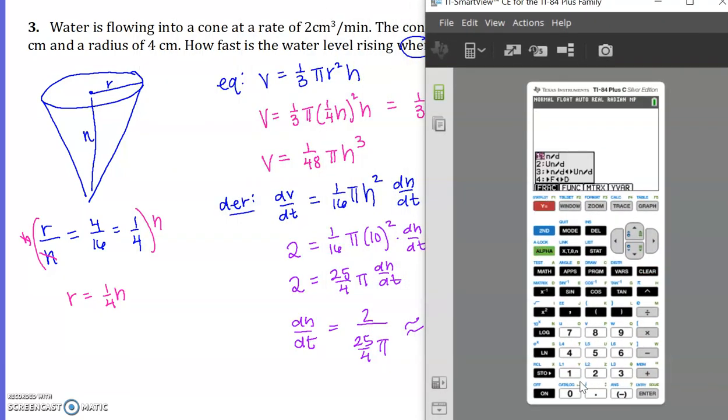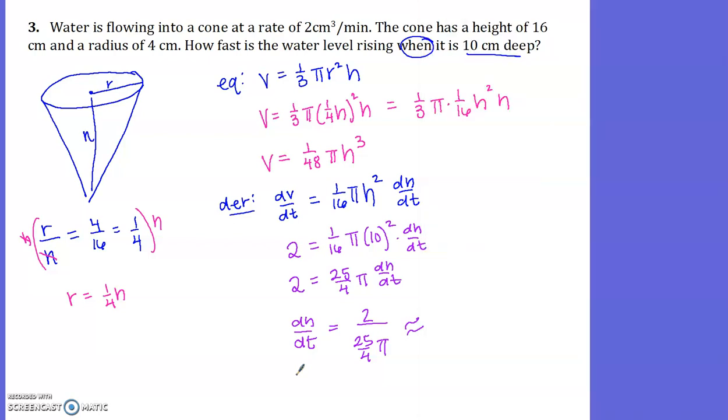So I'm going to use the fraction and just type in 2 divided by 25 over 4 pi, and that'll give me 0.102. So dh dt will be 0.102, and it's just going to be regular centimeters because we're dealing with the height per minute.